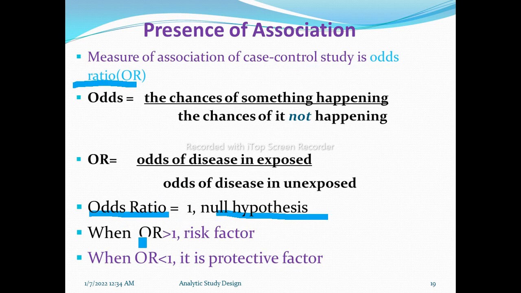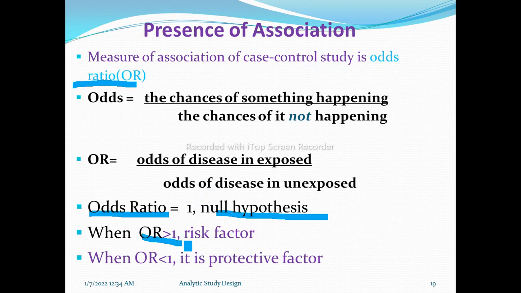In the case of case control, if odds ratio is equal to 1, it's the null hypothesis. Null hypothesis means there is no association between exposure and disease. So if the finding in a case control study is an odds ratio of 1, there is no association between exposure and outcome or disease.